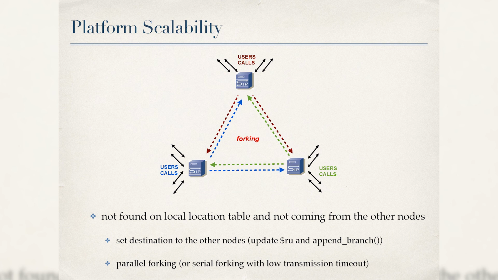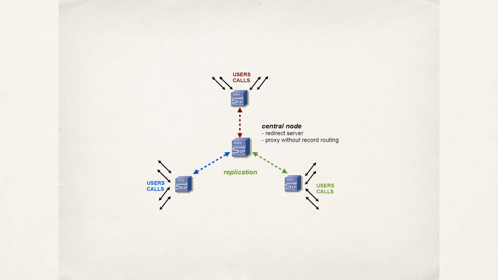And one node might send not found. The other one will send trying, ringing because it's routing to the phone. This may not scale if you have a lot of nodes because doing 100 parallel fork branches will not be good. So what you can do, try to build a super node. And that's where you don't really replicate the entire information.